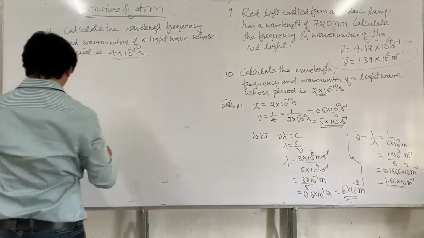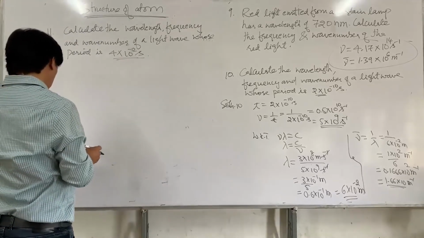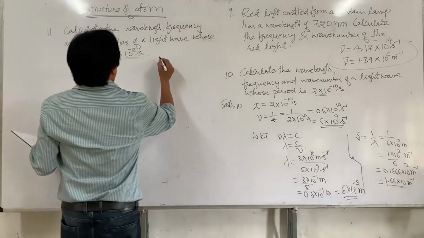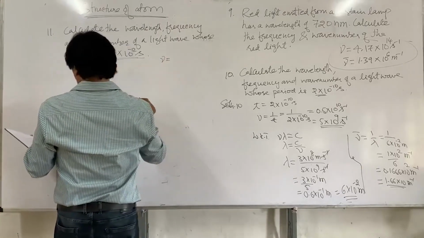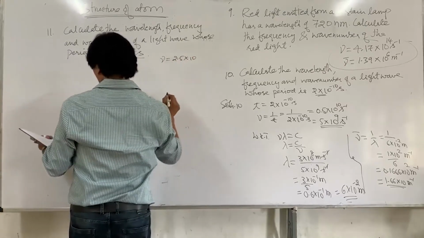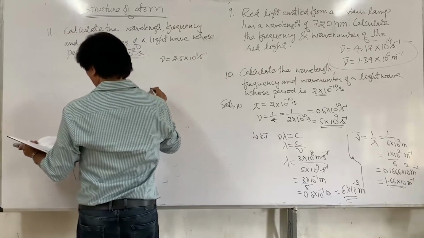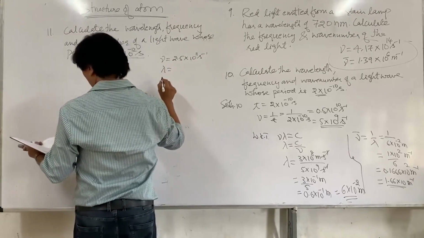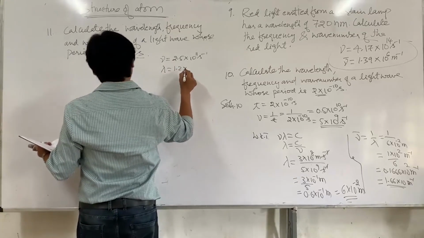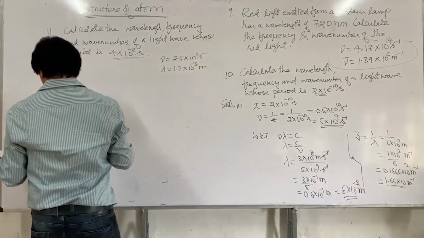This is the period. So now the answers I have got for you. The frequency is found to be 2.5 into 10 raised to the power 11 per second. The wavelength is 1.2 into 10 raised to the power minus 3 meters.